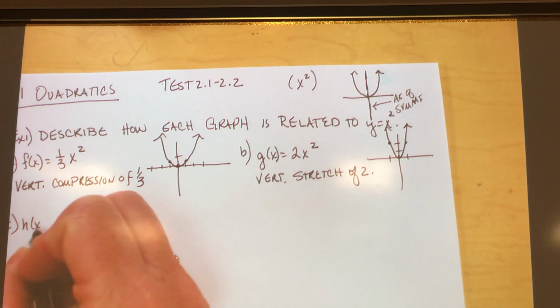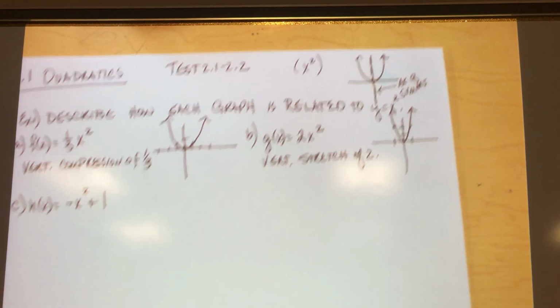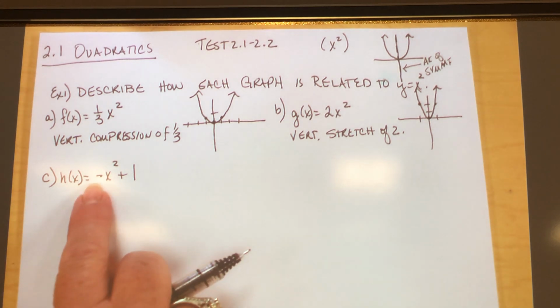h of x is equal to negative x squared plus 1. When you tell the transformations, I want you to tell them in the proper order. It makes your parabola open down. That's exactly right. If there's a negative on the y, that has to be the very first thing you address.